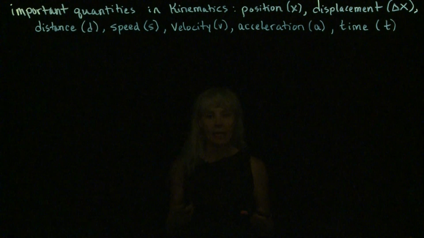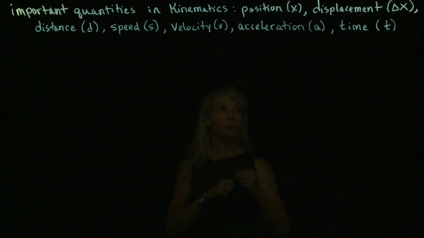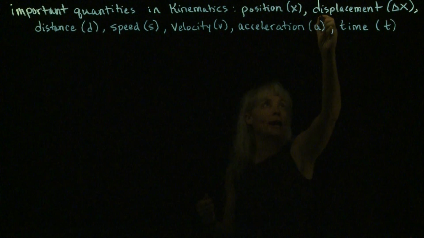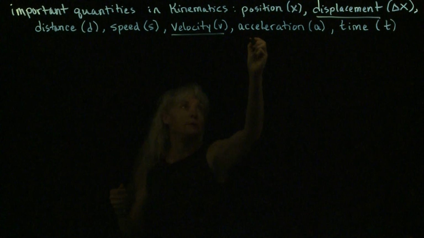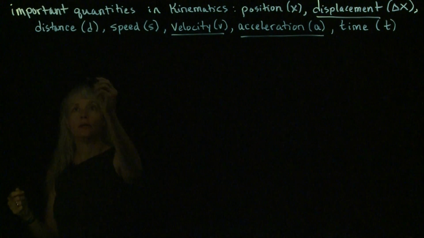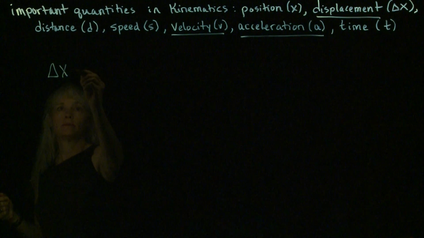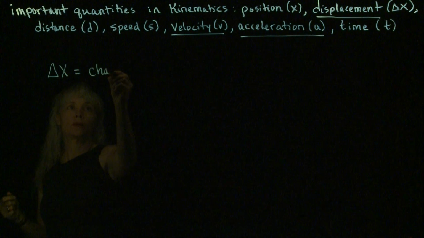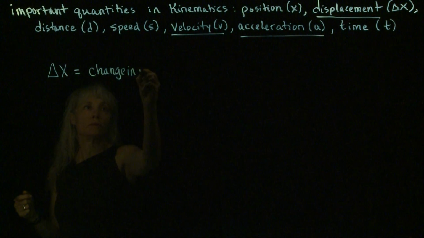So now let's look at how a few of these quantities are completely defined. I want to look at displacement, velocity, and acceleration. How are they related to one another? Well, displacement, again, gets the symbol delta x. And this is, as you recall, just the change in position.